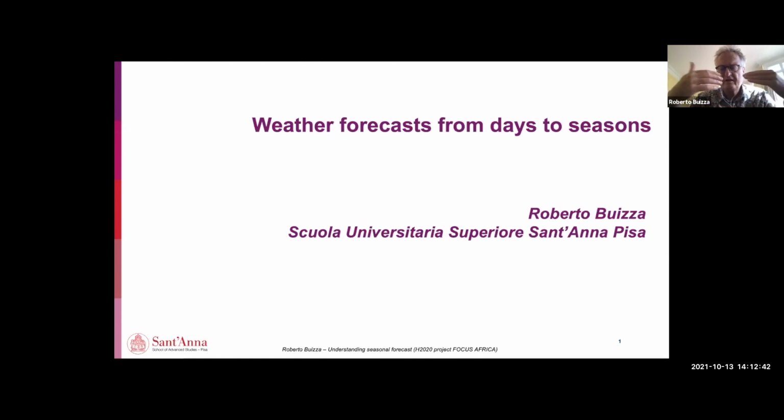So you cannot expect that forecasts valid for months ahead have the details and are as accurate as the forecast valid for a few days ahead. So this is the first point I want to make.